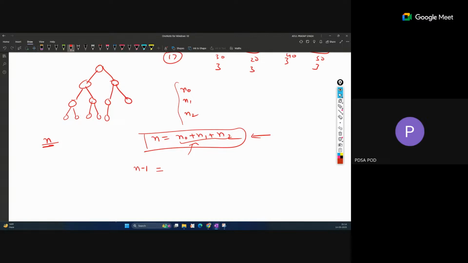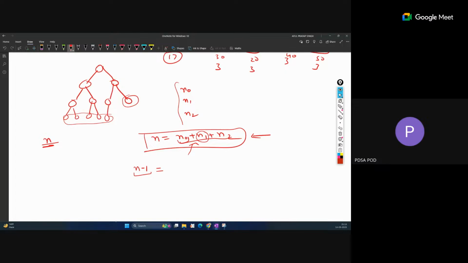For nodes with zero children, how many edges are connected below them? No edges are connected below this category. So this will not come into the edge count. So n minus 1 is the total number of edges, but we can also find it with this.